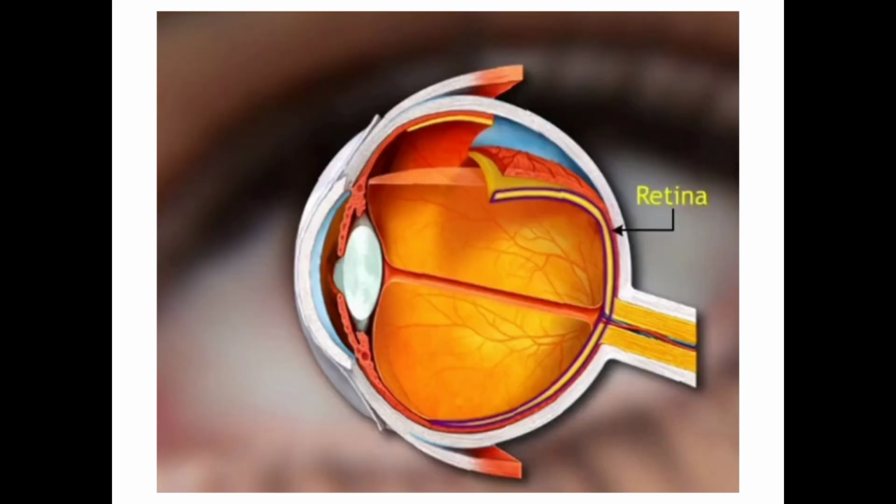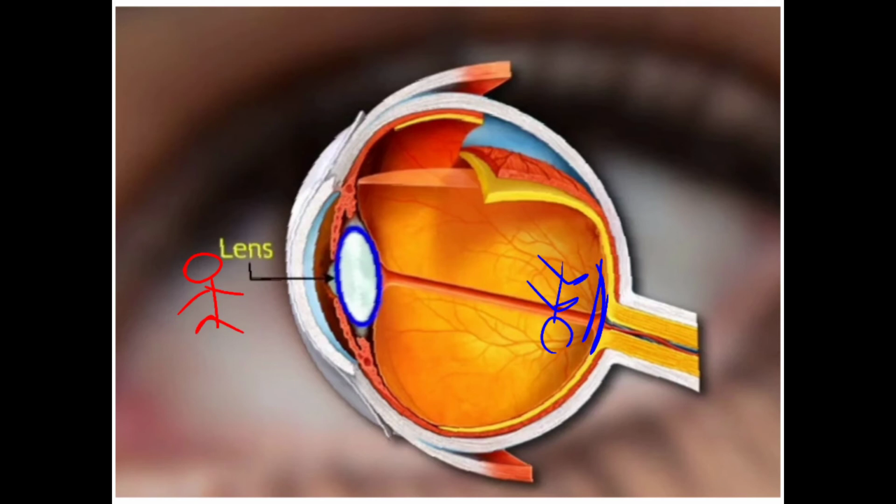So I'll repeat. On the retina you get an inverted image, it sends the message through the optic nerves, and the brain corrects it. That means the human being will be seen as it is. So this is the entire process of how we see and perceive any object.